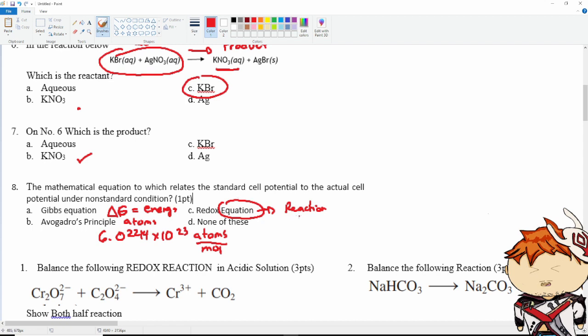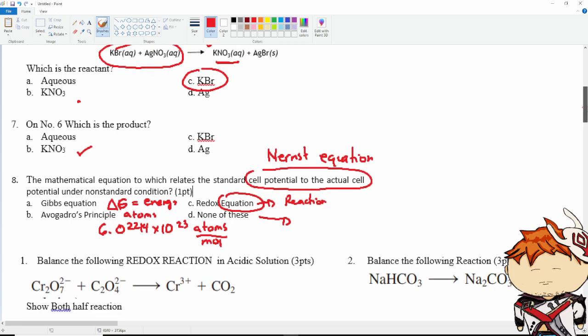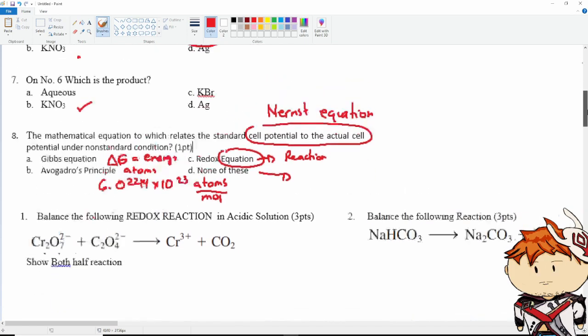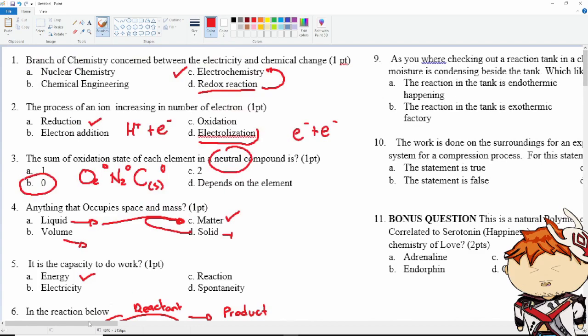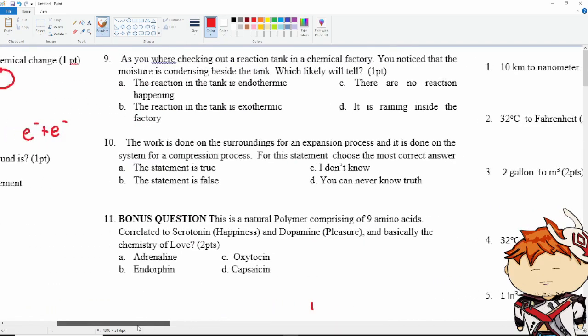It should be redox reaction. None of these. When you say cell potential and actual cell potential, that's Nernst's equation. So he's the main guy concerning cell potential, the only guy there. Nernst's equation. Let's start with the bonus. Let's finish the multiple choice first.